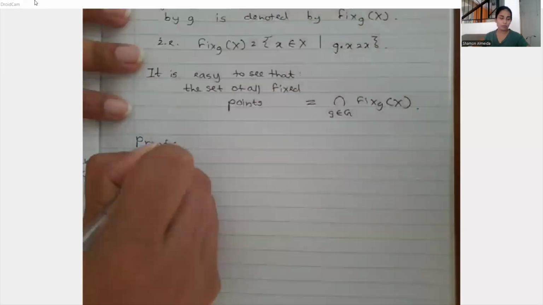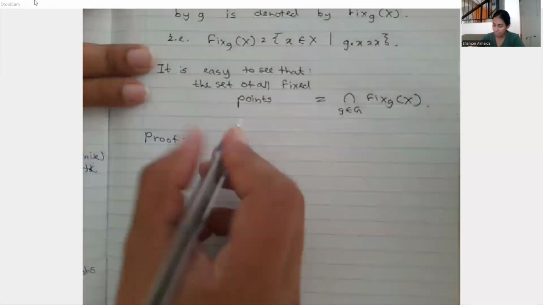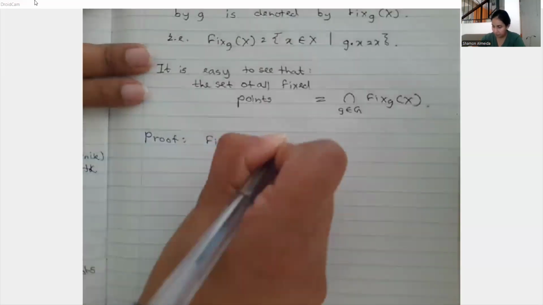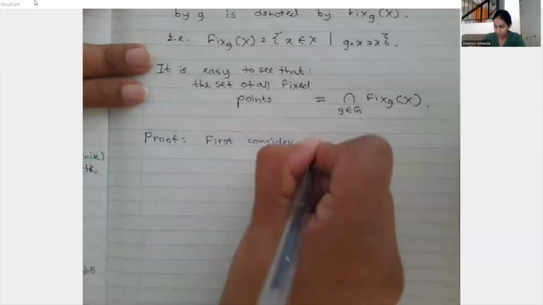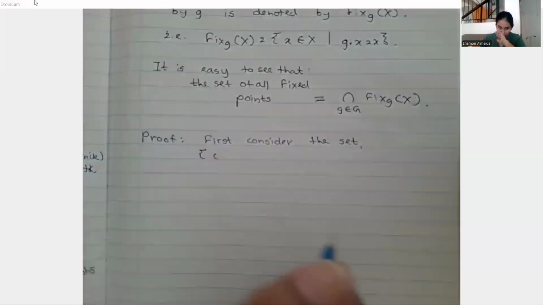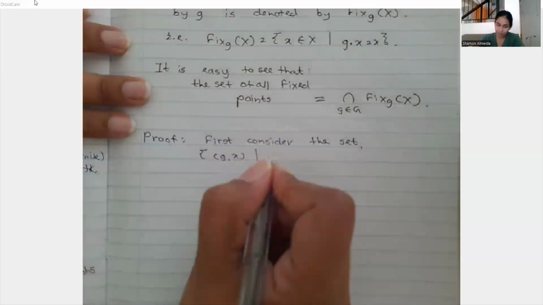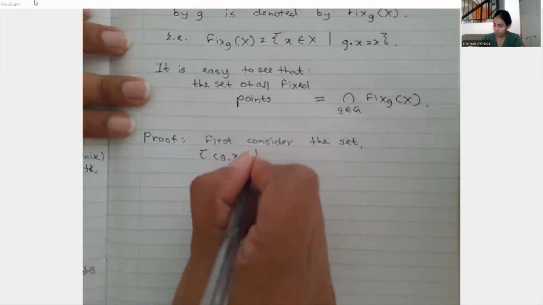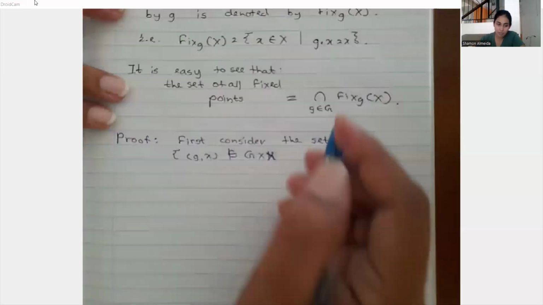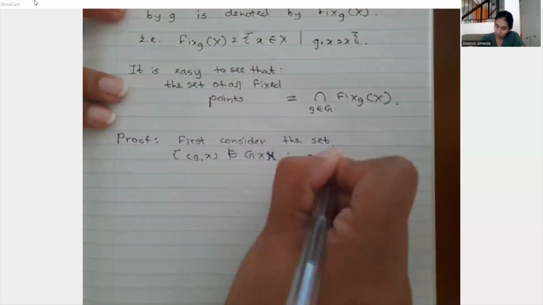Okay. So the proof. First, consider the set given by pairs (g, x) that come from G cross X, where g dot x is equal to x.